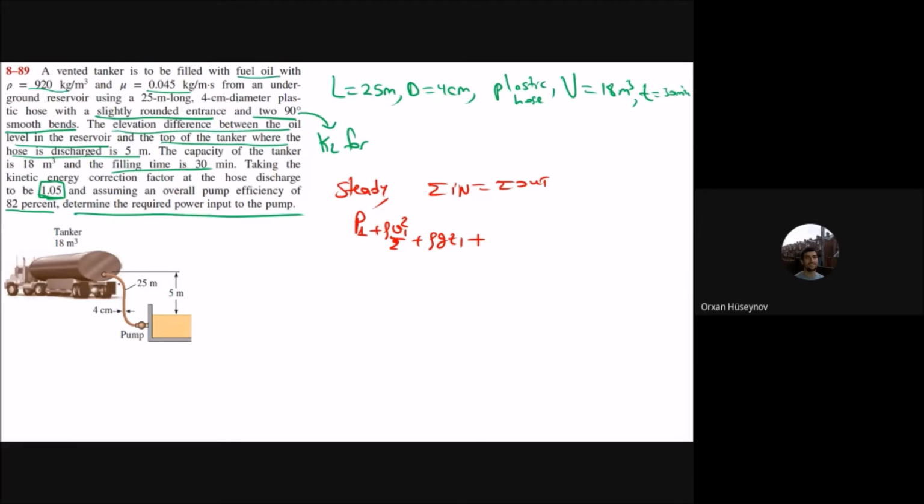Let me write these quantities with the mass flow rate: m dot times (P1 by rho plus V1 squared by 2 plus gZ1), plus the useful work of the pump, which is there, should be equal to m dot times (P2 by rho plus V2 squared by 2 plus gZ2). This is the energy equation.